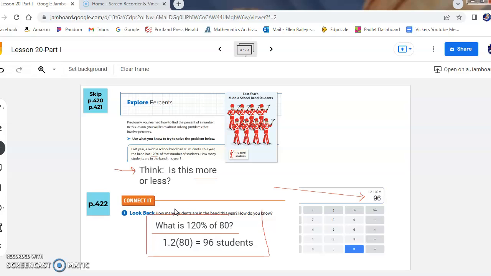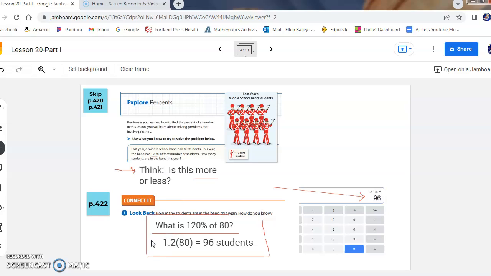Let's flip over to page 422. Let's look at number one, and here's where we'll do the work. You can see I've got a calculator here. I do not expect you to write any of the calculator stuff, but I would like you to write this under number one. The question we are asking ourselves is, what is 120% of 80?